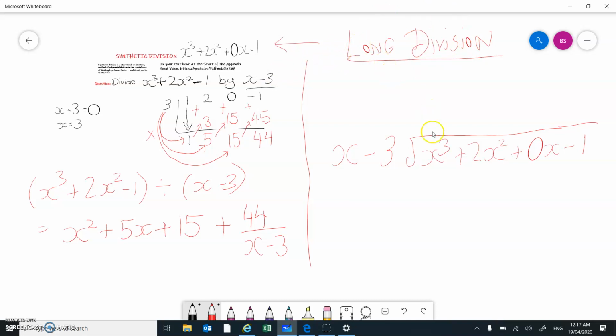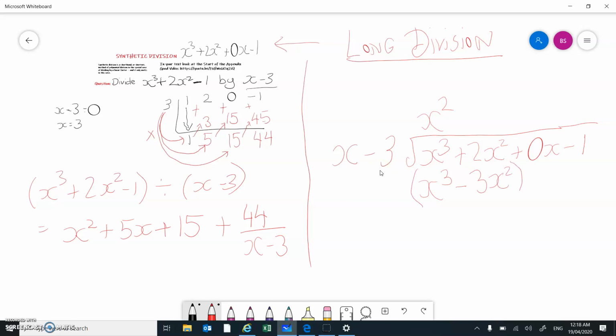Okay, so first thing we do is we say x to the power of 3 divided by x. That gives us x squared. Then we do our check. x squared times x gives us x to the power of 3. Then we multiply it by the second term, which is minus 3. So x squared times minus 3 gives us minus 3x squared.